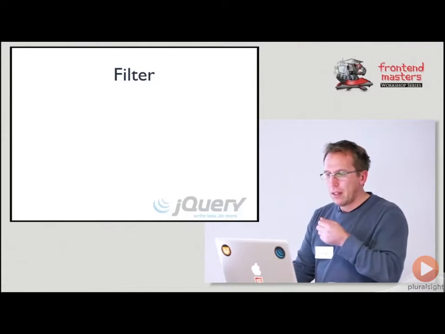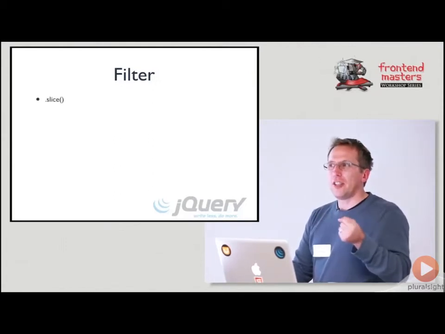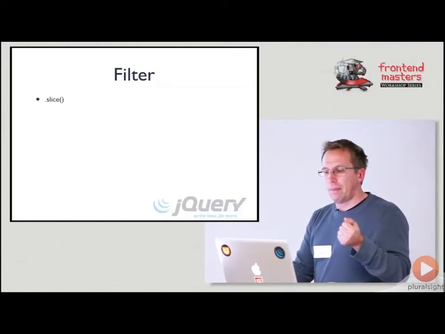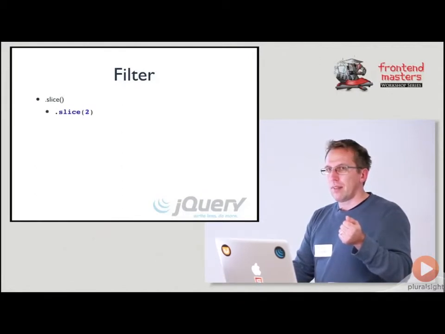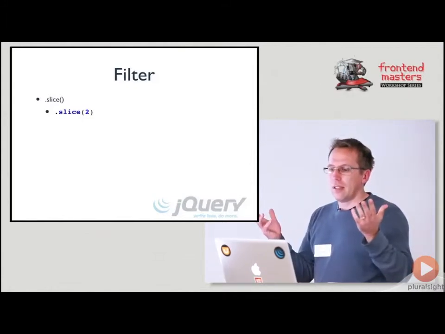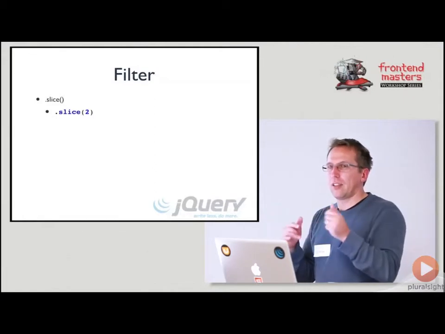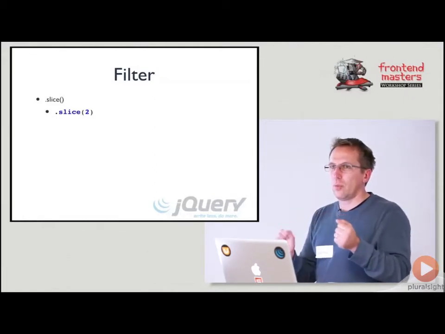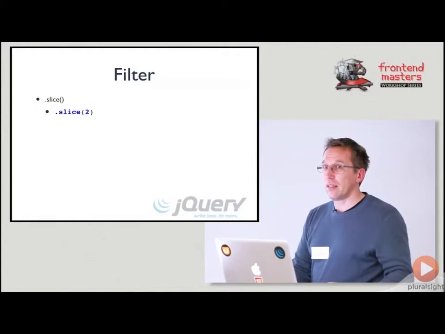All right. Slice. You can say, okay, I want... Which one would this return? Which one would this give us? If we have like 5 LIs and we did li.slice 2, which LI would it give us? Sorry?